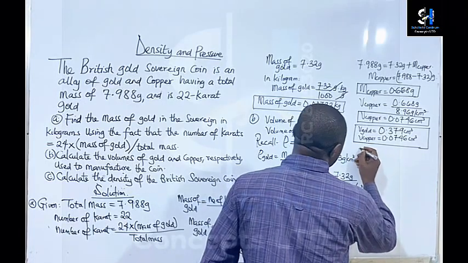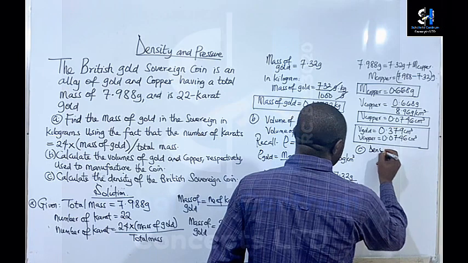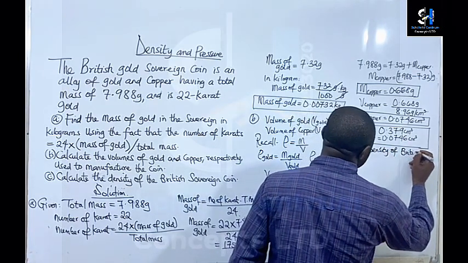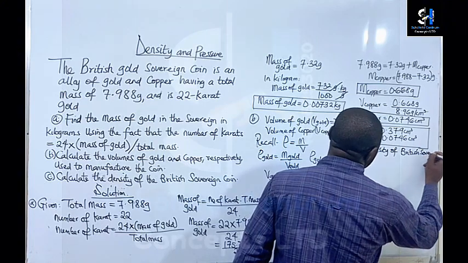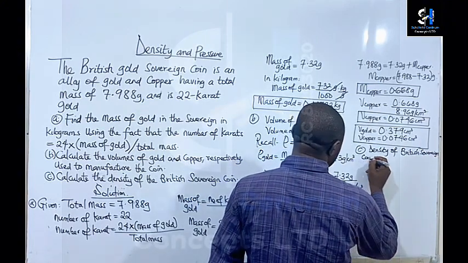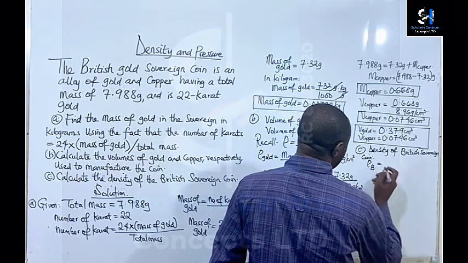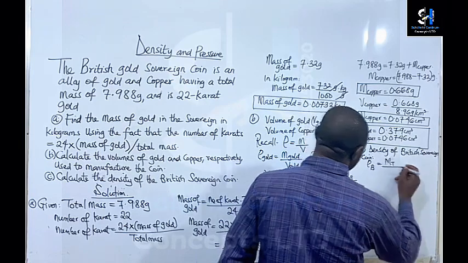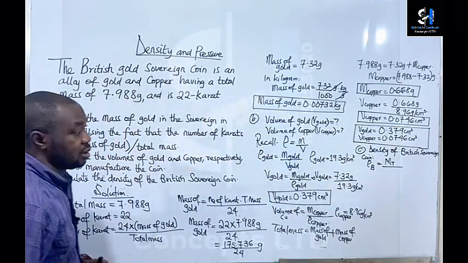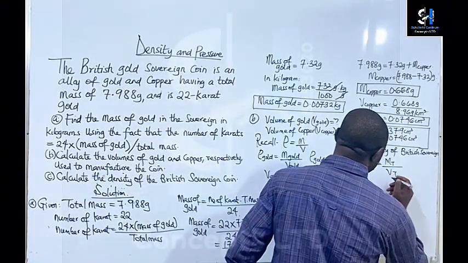So we want to calculate the density of the British sovereign coin. The density of the British sovereign coin will be equal to the total mass, MT, that's total mass, this guy here, divided by the total volume. So let's get the total volume.